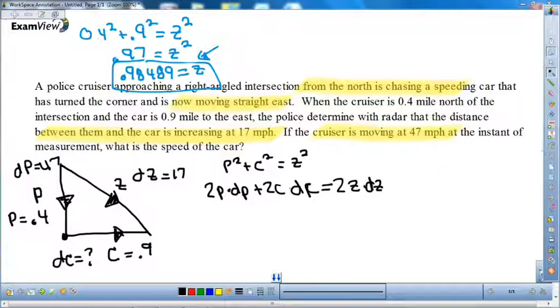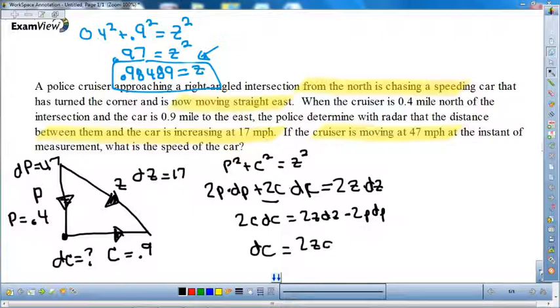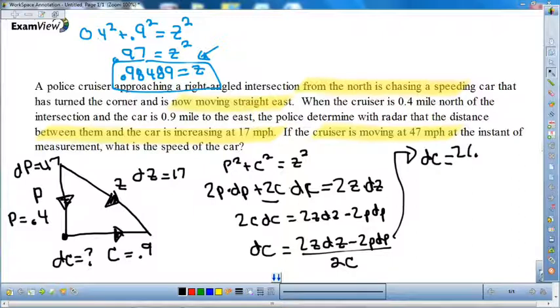So I'm going to go ahead and solve for dC, because that's what I'm trying to solve for. I'm going to subtract 2P dP from both sides, and then I'm going to divide by 2C. Now I'm going to substitute all my numbers. So Z, we had 0.98.